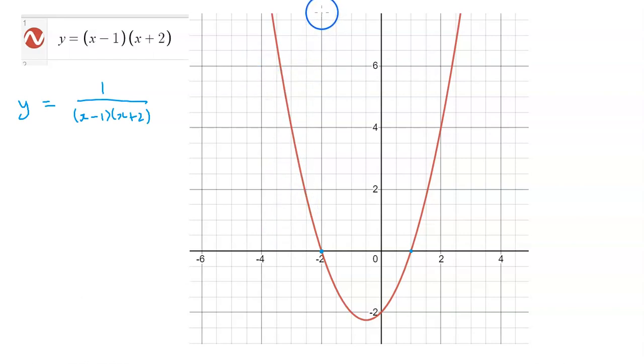So that means there's going to be vertical asymptotes for those points. So there's going to be a vertical asymptote at x equals 2, and a vertical asymptote at x equals 1. So did I say 2? I meant negative 2. So vertical asymptote when x equals negative 2, and vertical asymptote when x equals 1.